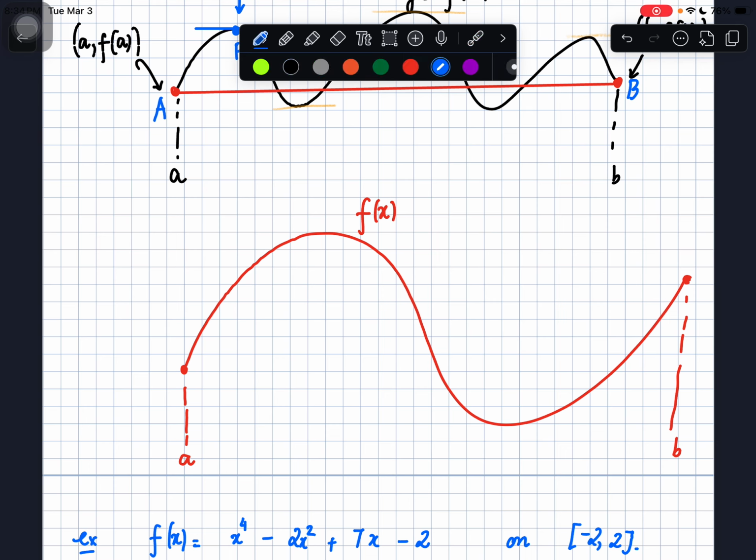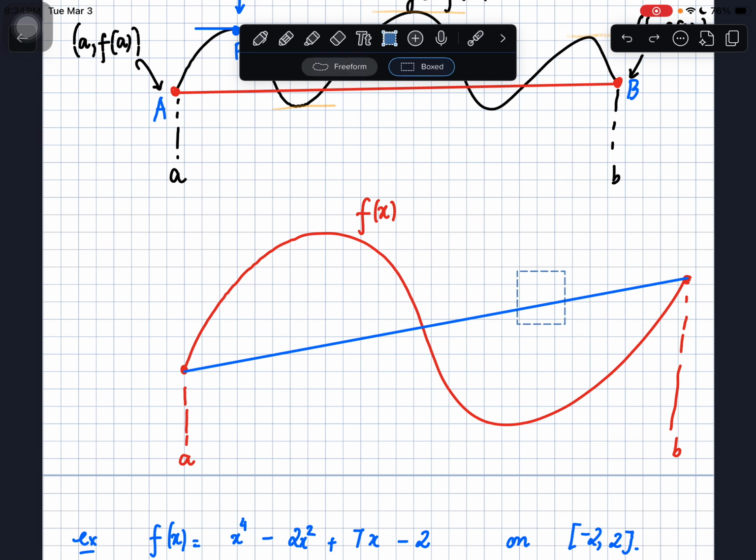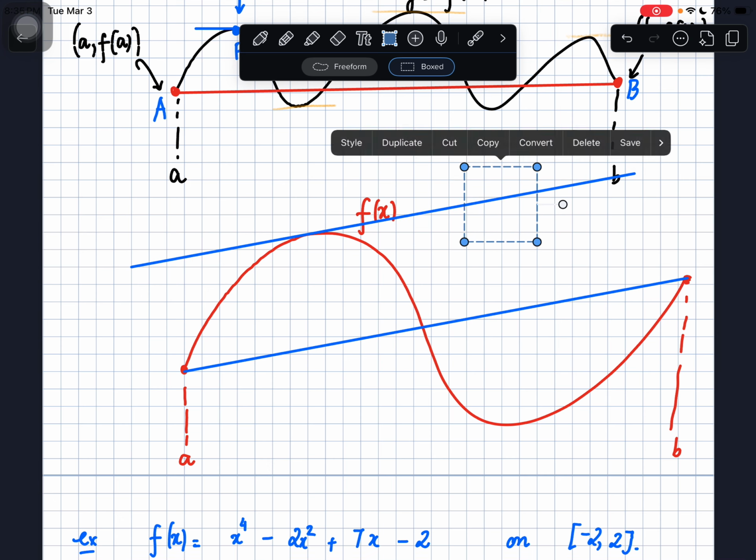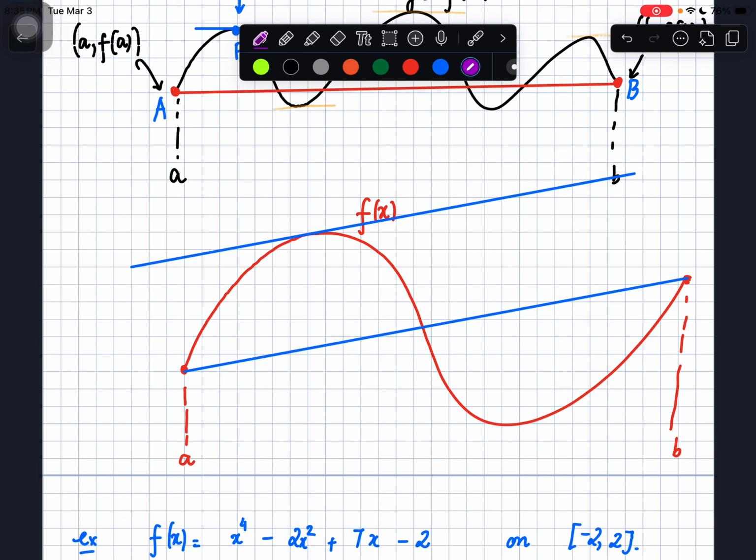Then we have a secant line, the line joining the two endpoints of the graph here. On this graph, I can find at least one point so that the tangent line at that point is parallel to the secant line. So let's see where that point is. It is here. So this is the first point I have. This point P has coordinates c, f of c.